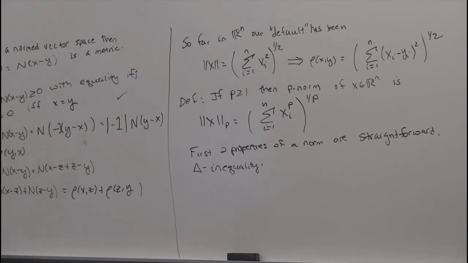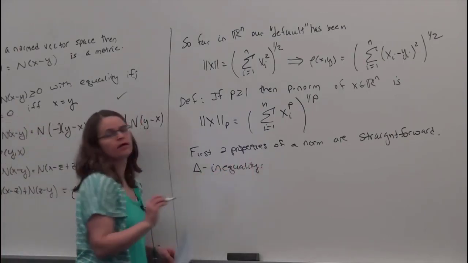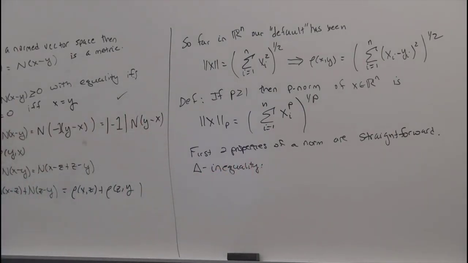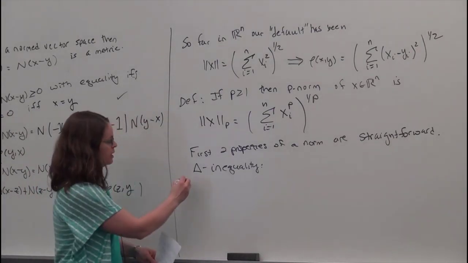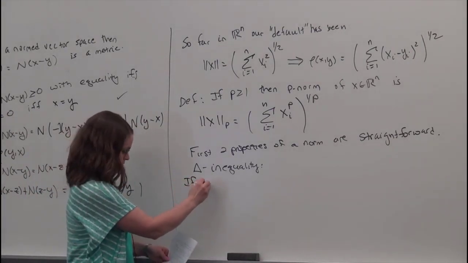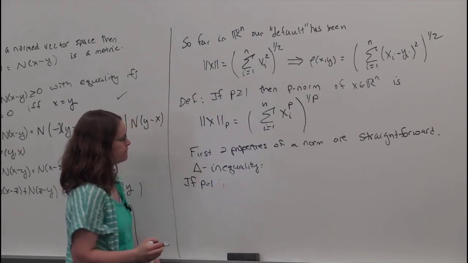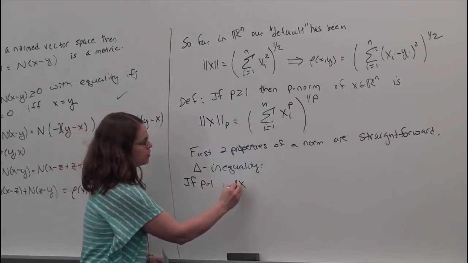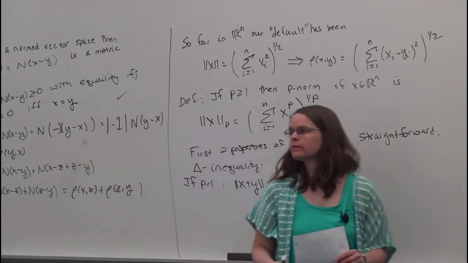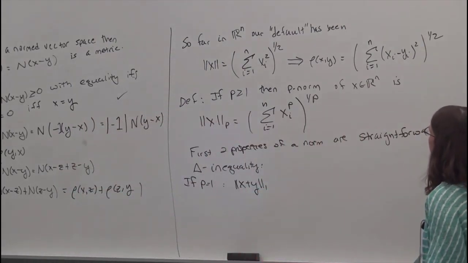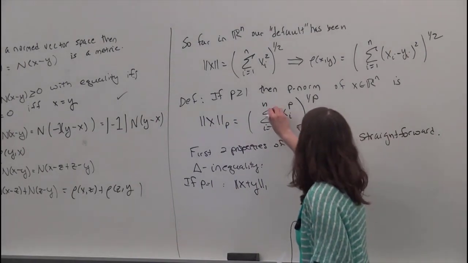Well, if p equals 1, I'm going to do the case p equals 1, and then I'm going to cite another result for p greater than 1, because there's just more technical details that are not super exciting. If p equals 1, this is not hard to see, I think. So the 1-norm of x plus y. This should be absolute value, actually.